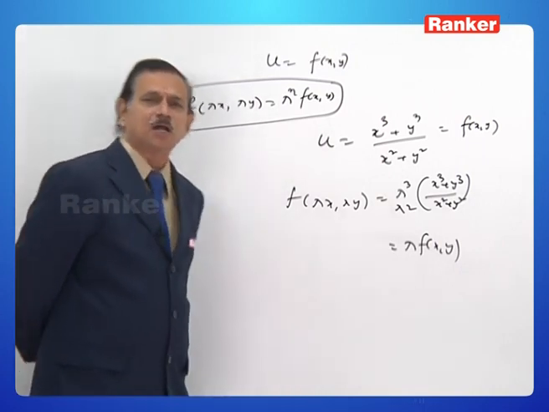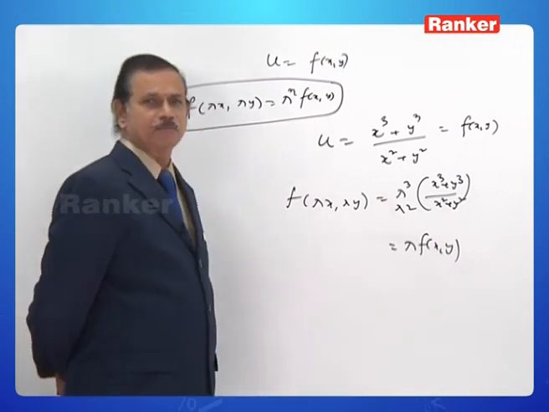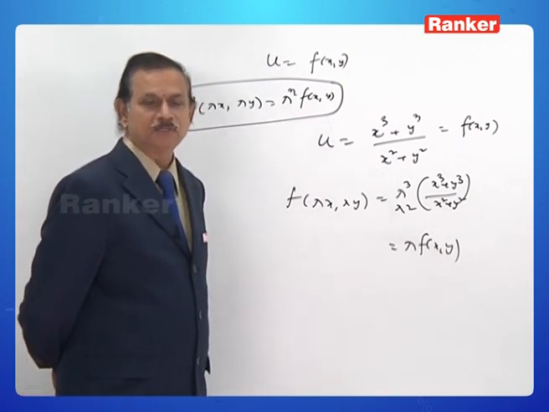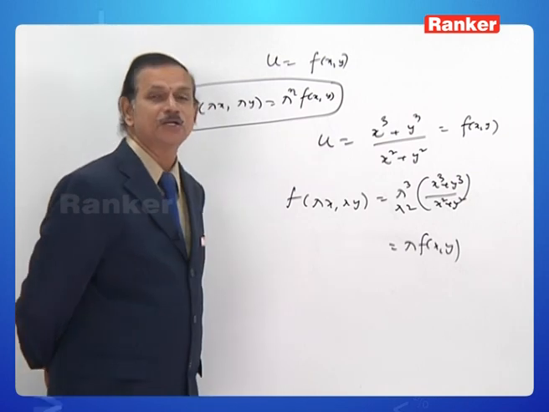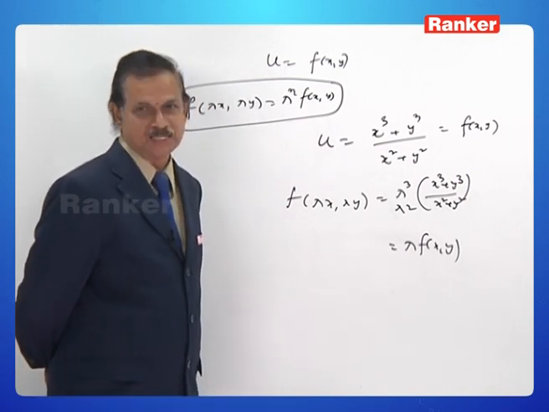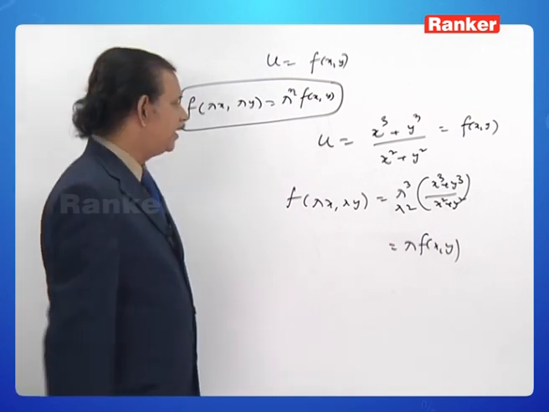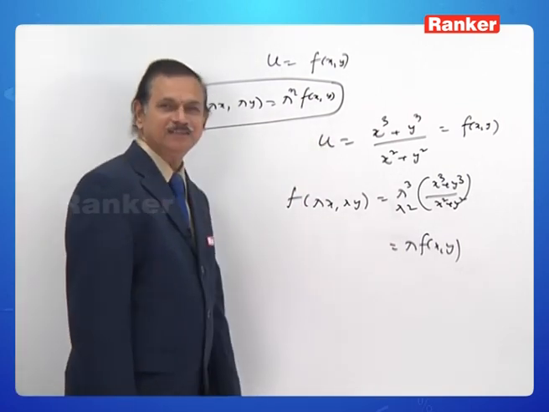And if you are considering a function of 3 variables, then f of lambda x, lambda y, lambda z is equal to lambda power n into f of x, y, z. Then n is called the degree, so it is homogeneous of degree n.